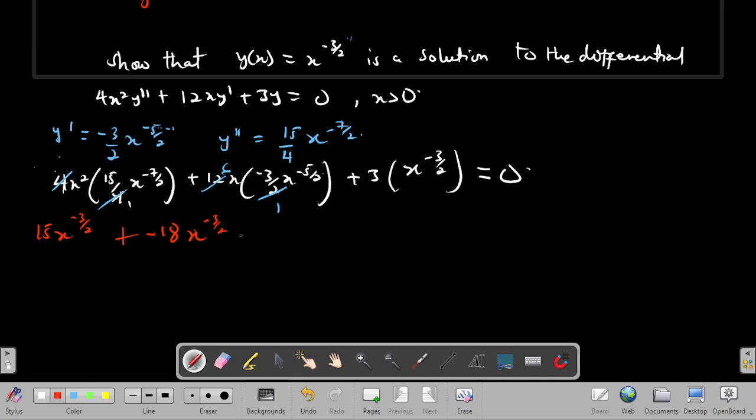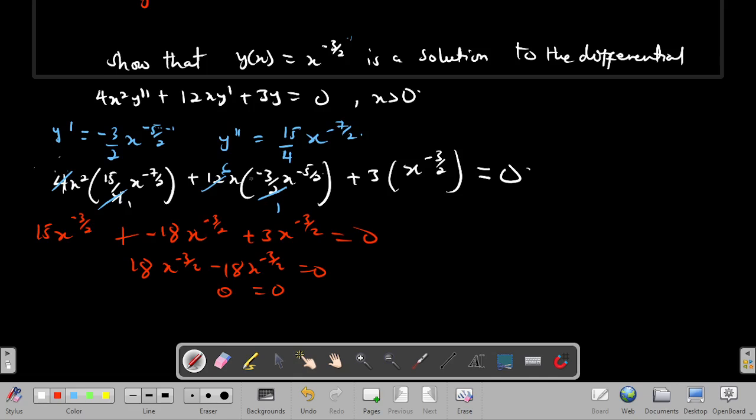Then I come here, plus 3 x to the power negative 3 over 2. This gives me 18 x to the power negative 3 over 2 minus 18 x to the power negative 3 over 2 equals 0. Obviously, 0 equals 0. Therefore, this is indeed the solution to the differential equation we just did.